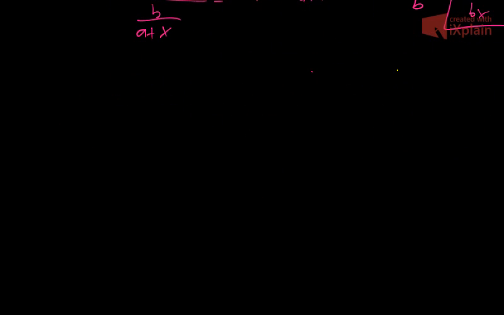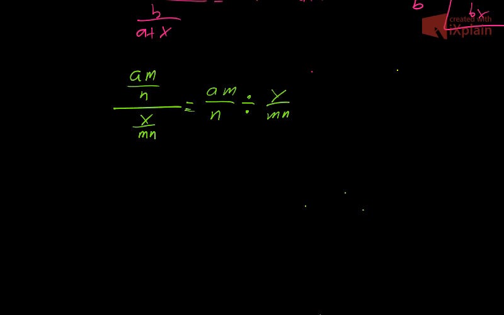Let's try one more and see what happens. Going to change the color again, and I have am over n divided by x over mn. So this one should be a little bit more interesting. Looks like something might eventually cancel out, which would be nice. So I can rewrite this as am over n times mn over x, which is m squared n over nx.